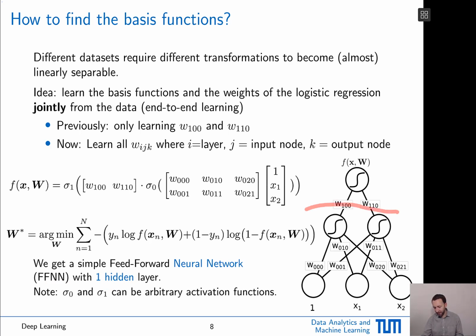This layer here in the middle is called a hidden layer because it's neither the input nor the final output. It's in the middle, so to say. It's not observed. It's a hidden layer. It's a feed-forward neural network, or often also called a multi-layer perceptron. Here we just have one input, one hidden, and one output layer in this multi-layer perceptron.